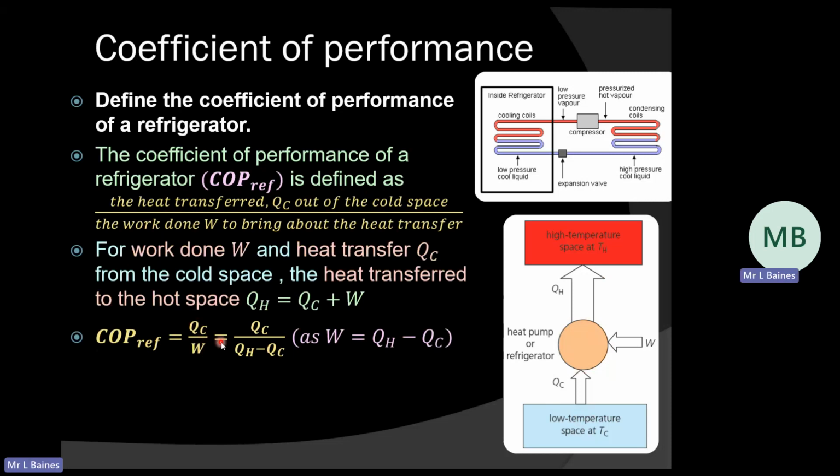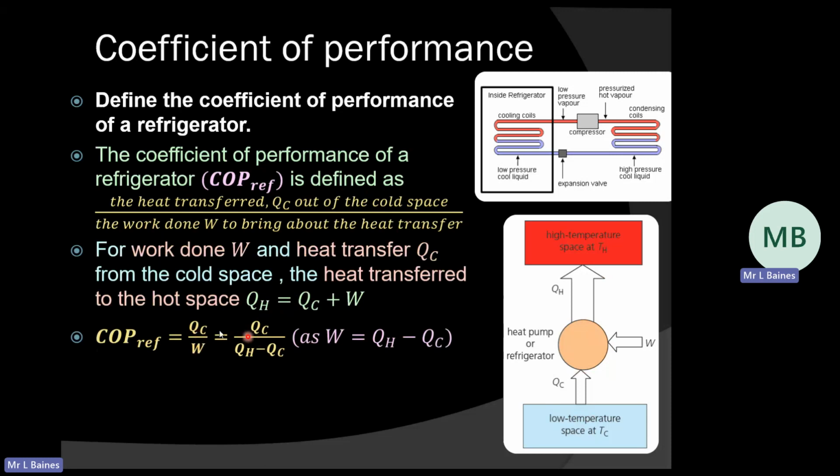All right. When I do that, I end up with QC over QH minus QC. So my coefficient of performance for a refrigerator is the amount of cold energy divided by the difference in energy, so the amount of work that I have done to do it.